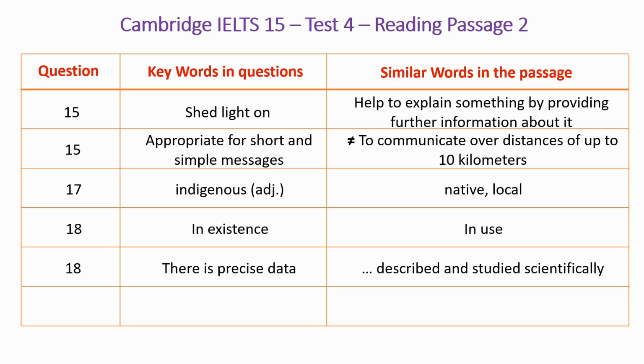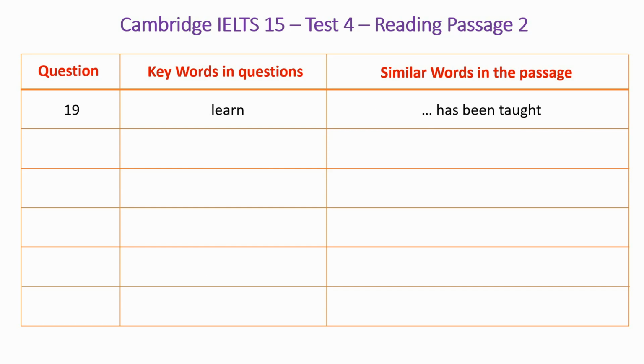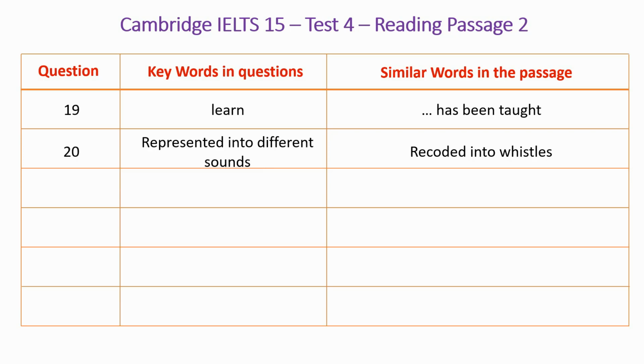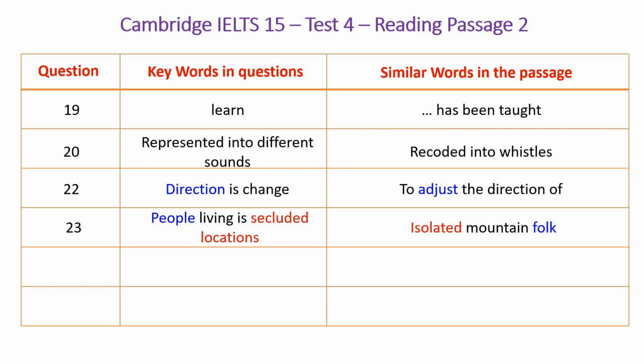There is precise data described and studied scientifically. Children, elementary school. Learn, has been taught. Represented into different sounds, recorded into whistles. Direction is change, to adjust the direction of.